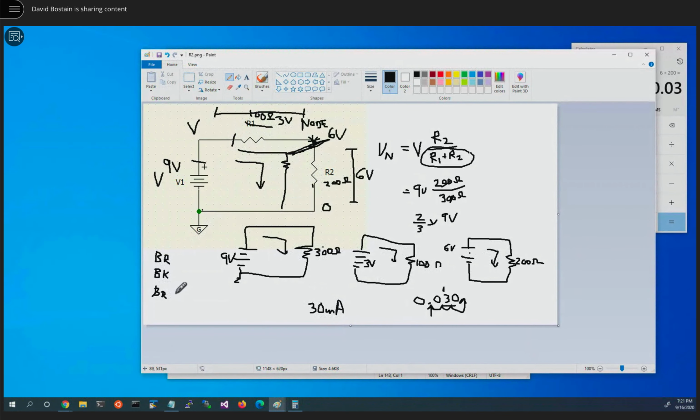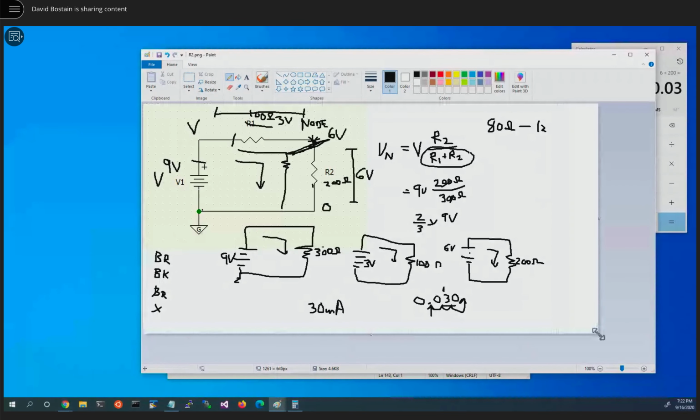And since we didn't specify anything having to do with the tolerance, we'll just pretend like it's a 20% resistor. So there is no fourth band. However, if it's a 20% resistor, that means it could be as low as 80 ohms, and it could be as high as 120 ohms.